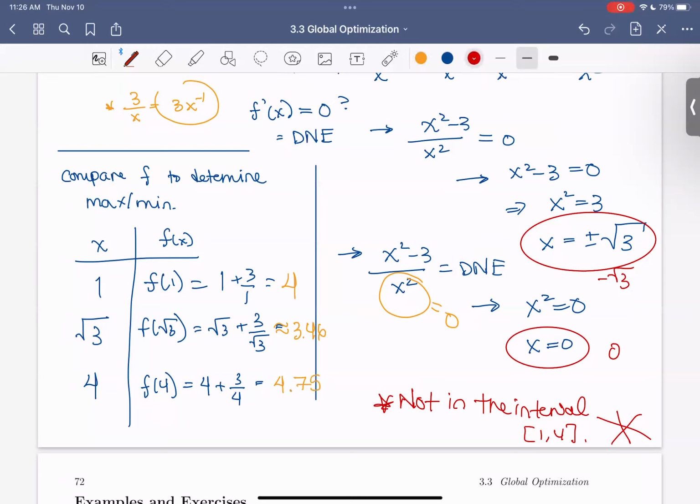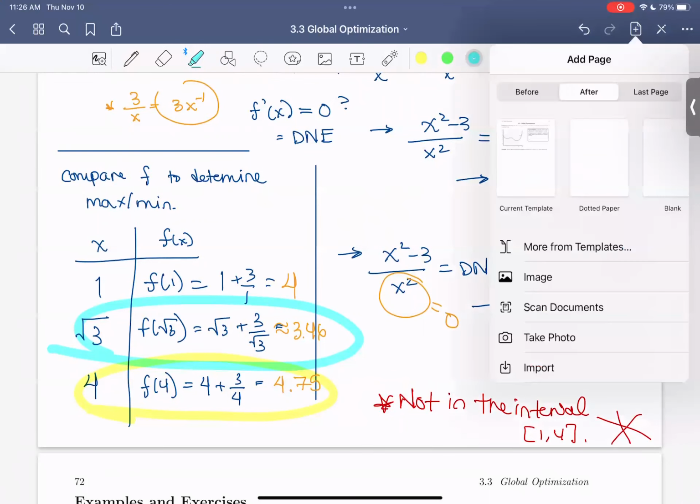Based on these outputs, which number would you say is the absolute max? Awesome. You should be seeing the absolute max happening when x is 4, where the output is 4.75. Then the absolute minimum occurs here when the output is 3.46. So how we'd write our answer is the following.